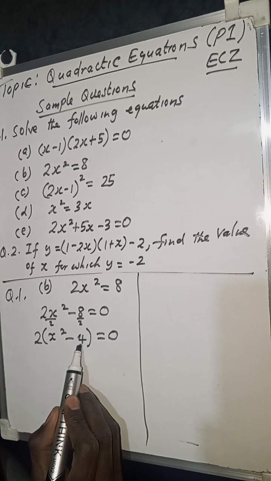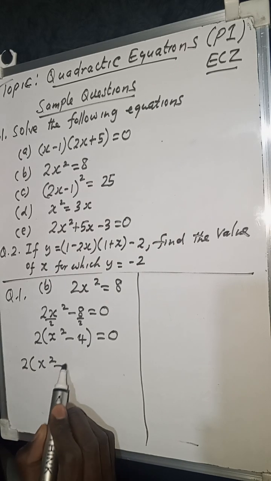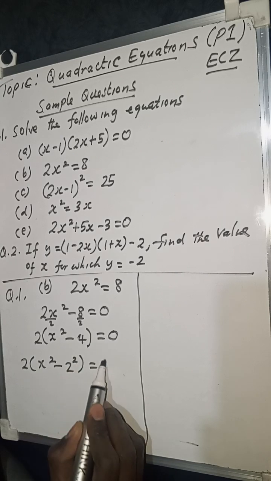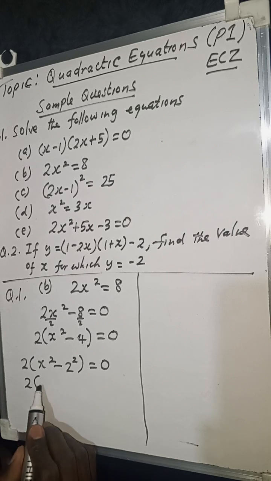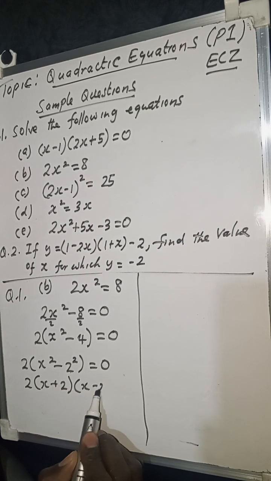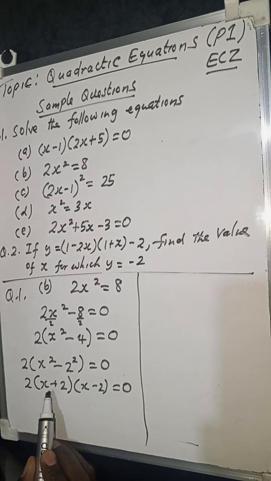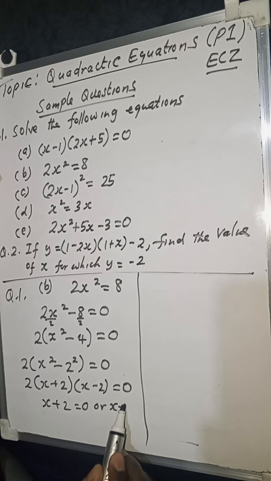Remember, in this case, 4 is a square number, so you can write x squared minus 2 raised to the power 2 is equal to 0. So you can factorize further there. You get x plus 2, then you repeat x, but this time with a minus, is equal to 0. So equate each bracket to 0. So it will be x plus 2 is equal to 0, or x minus 2 is equal to 0.